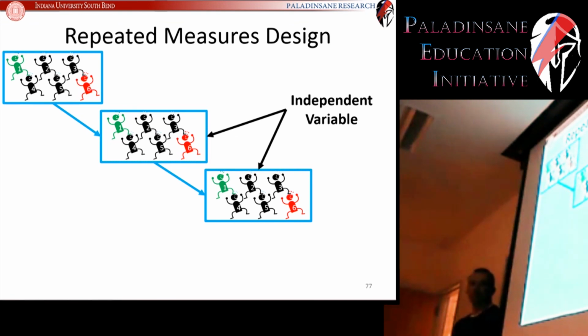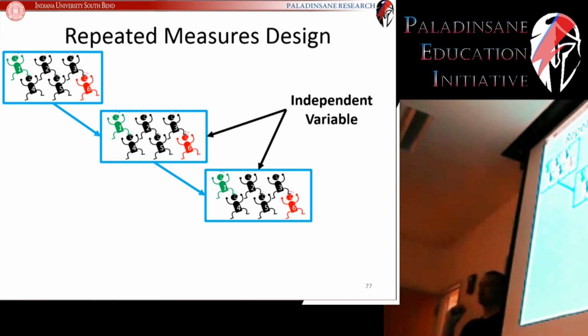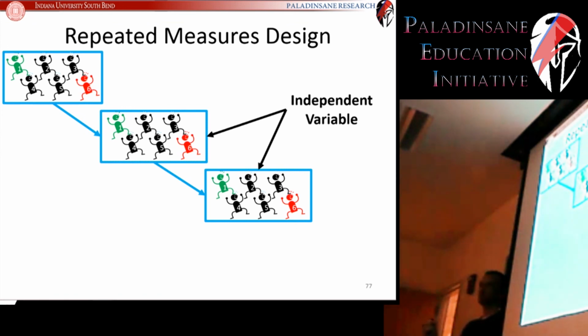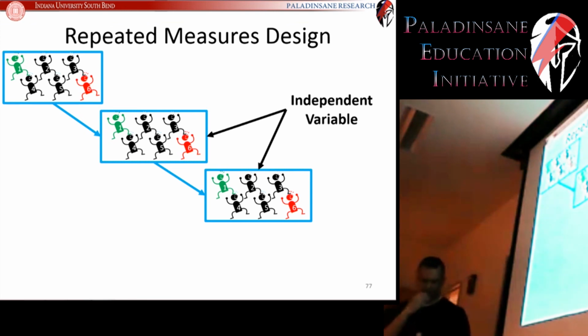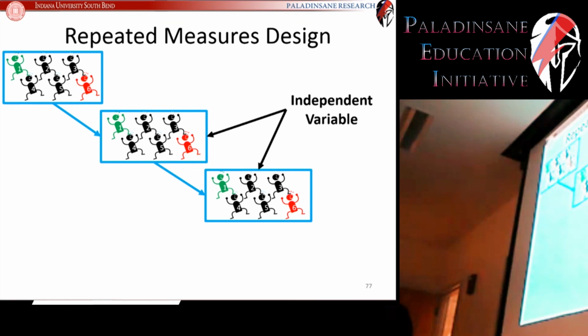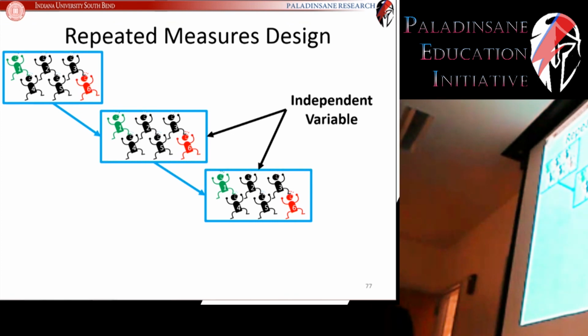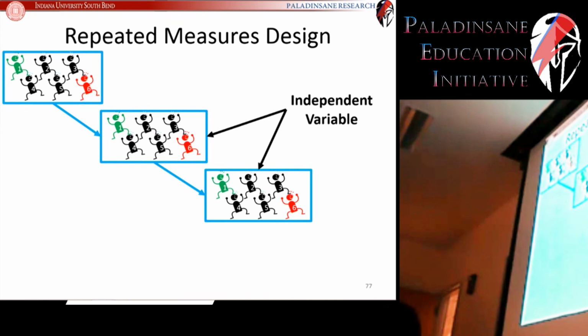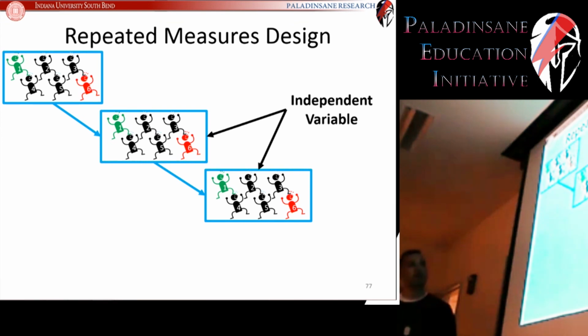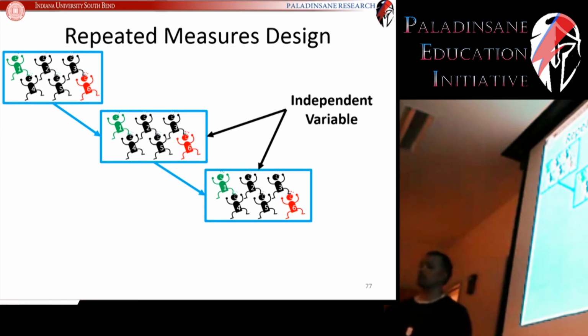So this repeated measures design is great because it allows you to detect very small differences between groups. It's a very precise, scalpel-type experiment where you don't need a lot of subjects, partially because they run in every single condition, but also because any individual differences are factored out from the fact that both conditions contain the same people.